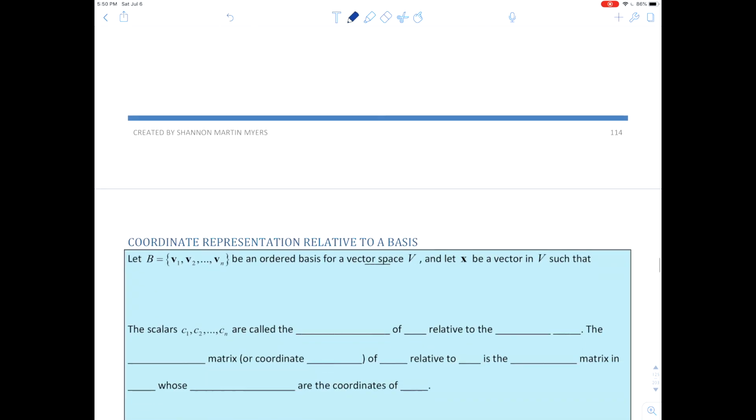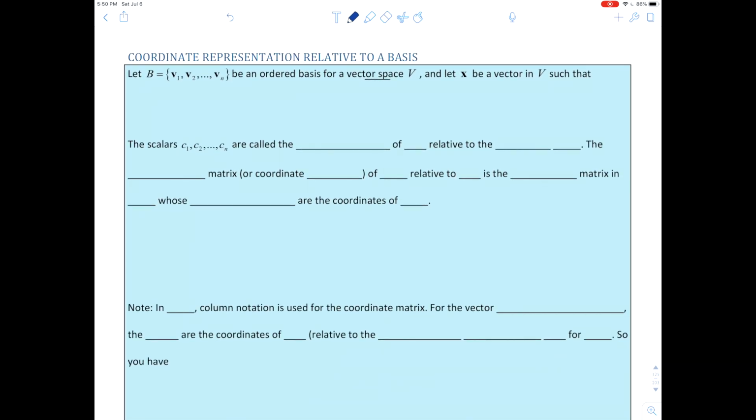Next up, coordinate representation relative to a basis.